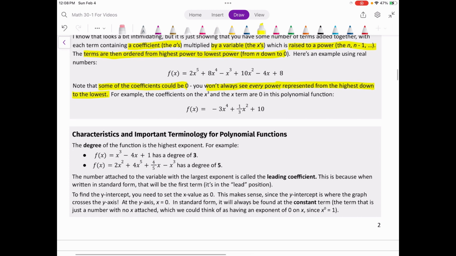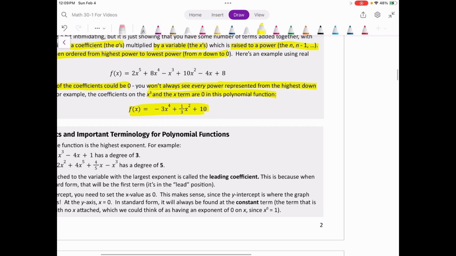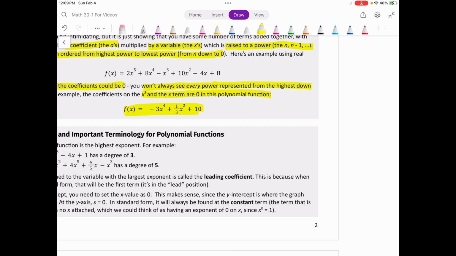So for example here, the coefficients on the x cubed and the x term are just 0, right? It's still in standard form, because it goes negative 3x to the 4th power plus 1/3 x squared plus 10, right? It's written in decreasing powers of x, okay? But there's no x cubed term and no x in this, right?